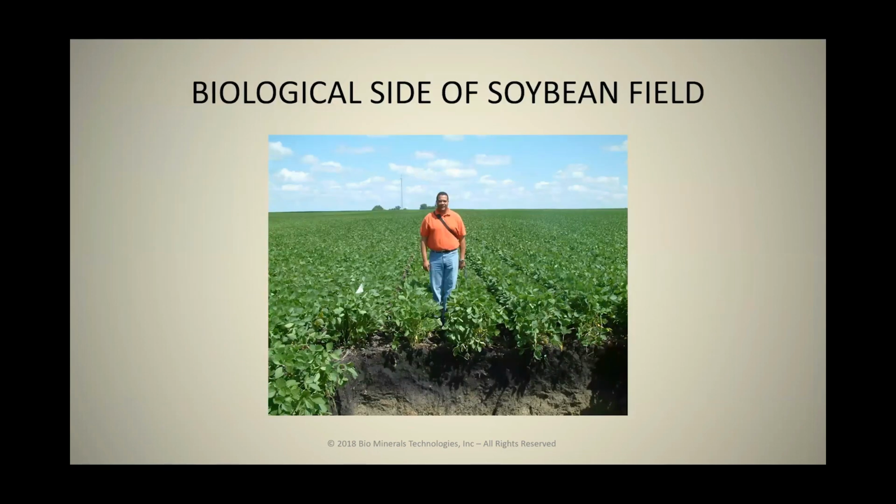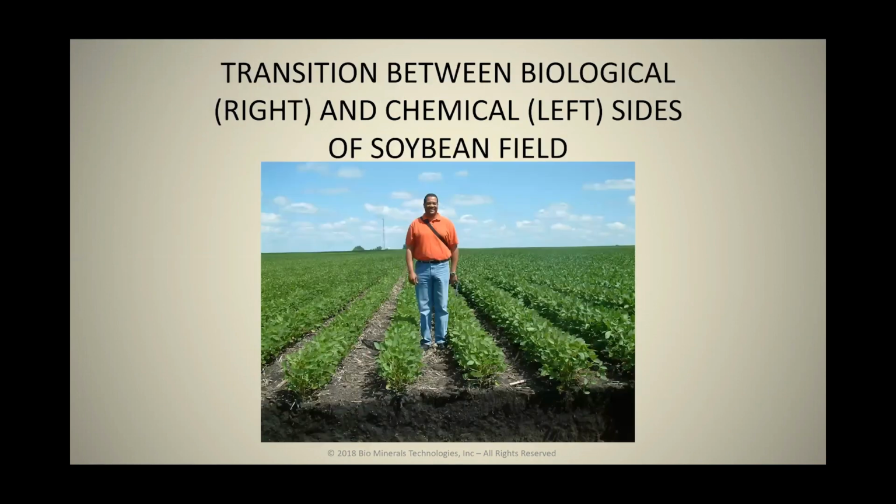This is a biological soybean field that we took pictures of almost 15, 16 years ago in Minnesota. This is a side of the field that had biological stimulants. And this is what the plants are telling us. This gentleman is named Kevin Officer.